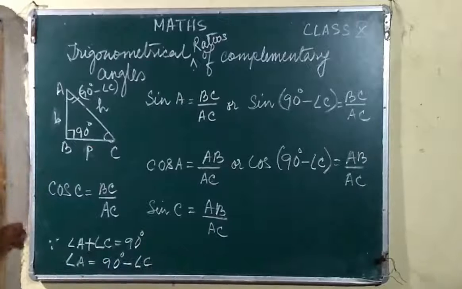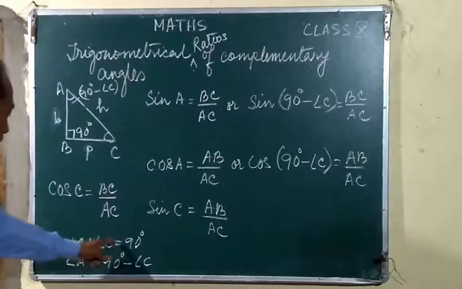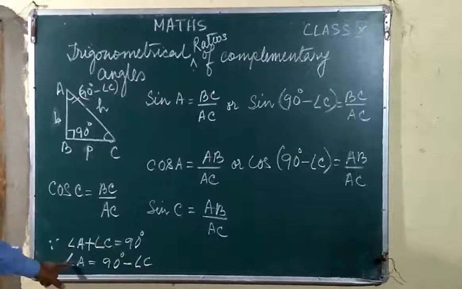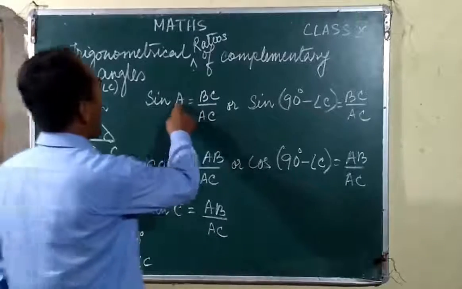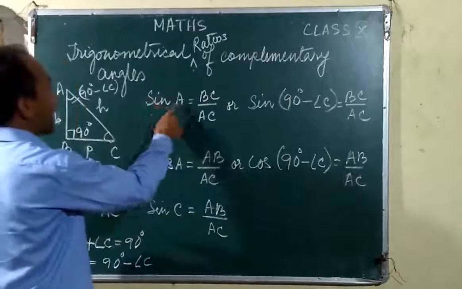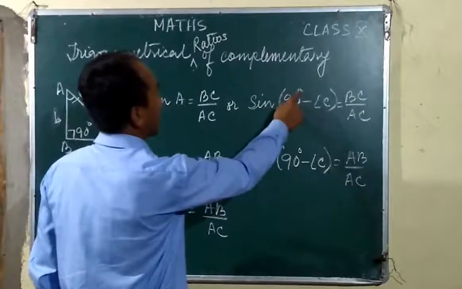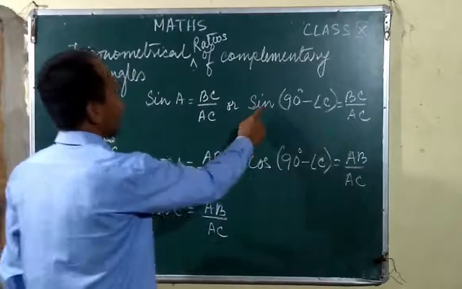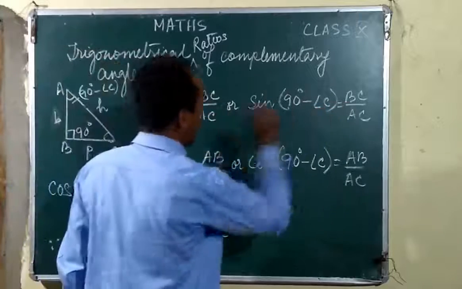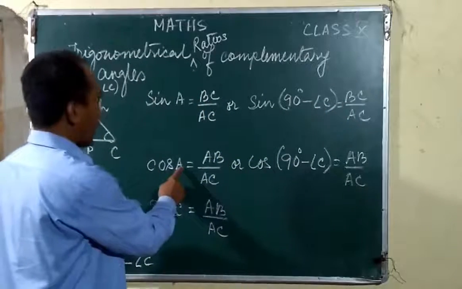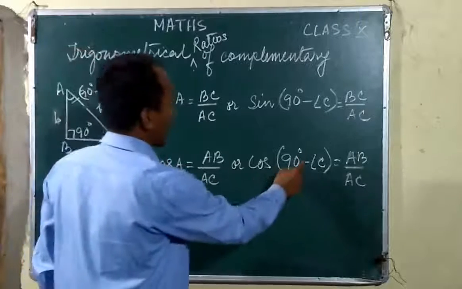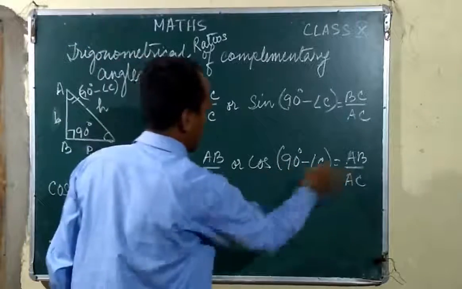Now, as angle A plus angle C equals 90 degree, angle A equals 90 degree minus C. So putting the value of A as 90 degree minus C, in place of sin A, I am putting sin 90 degree minus C. Then BC by AC remains the same. Cos A equals AB by AC, so in place of A, I am putting 90 degree minus C, and AB by AC remains the same.